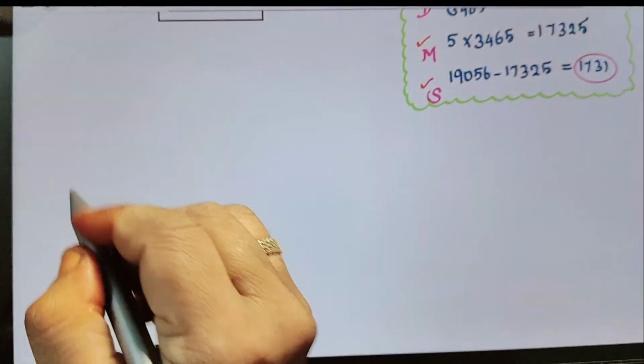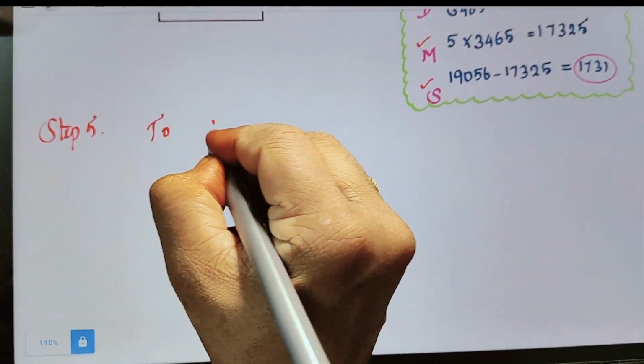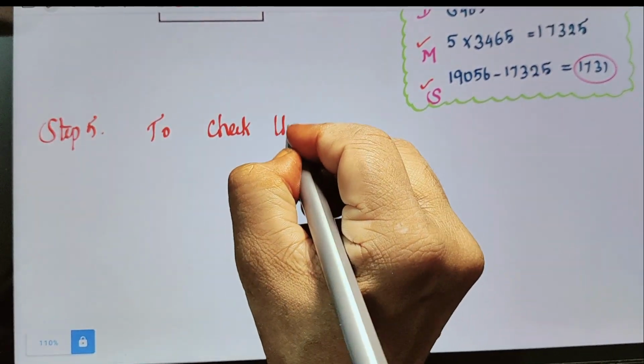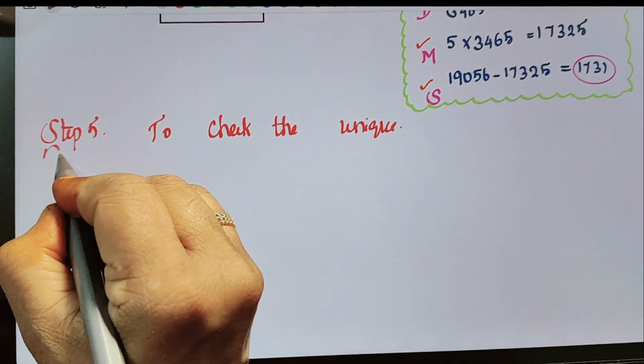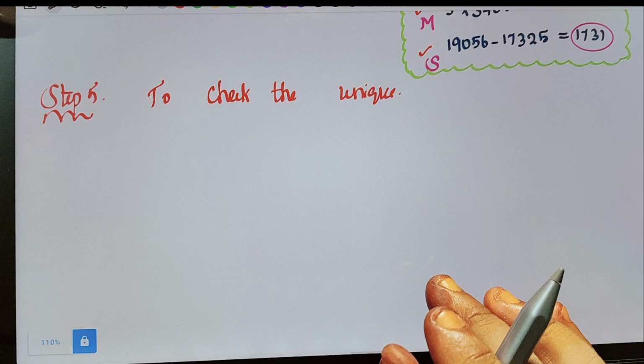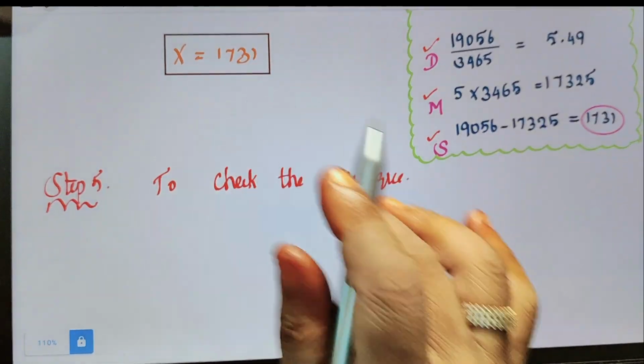For the next step, to check the uniqueness. Okay, step 5, the final step, is to check the uniqueness. Write the sentence: our answer, we received the answer 1731.